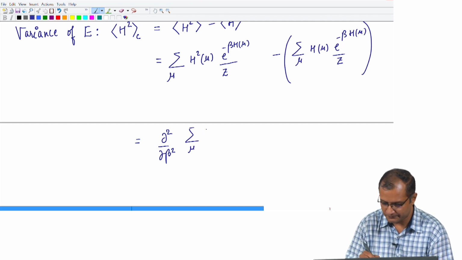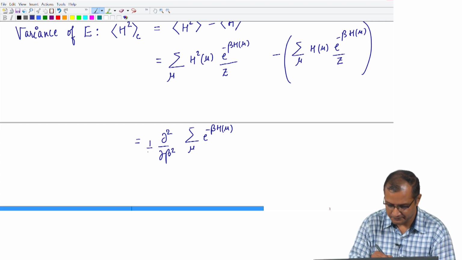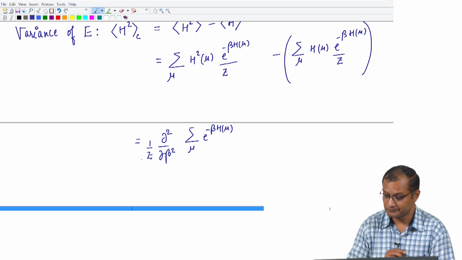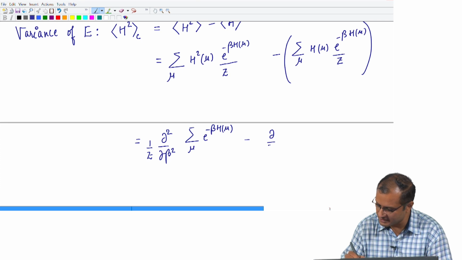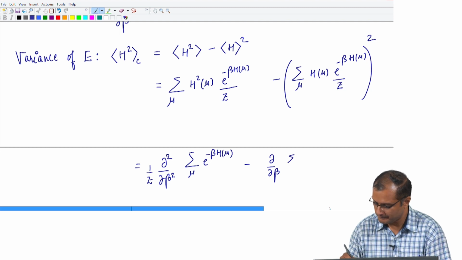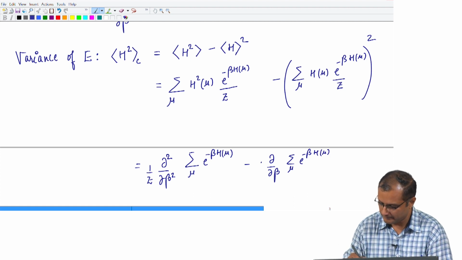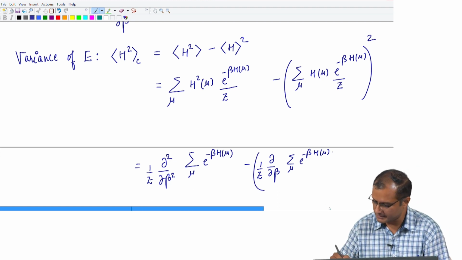So this would be just the second derivative divided by Z, and here I will take just one derivative to pull out a single H, and the entire thing squared.